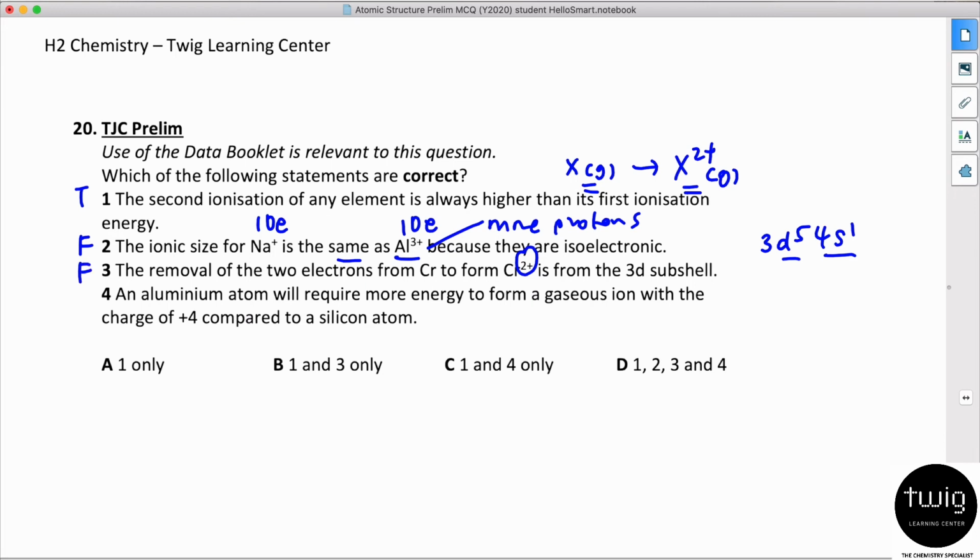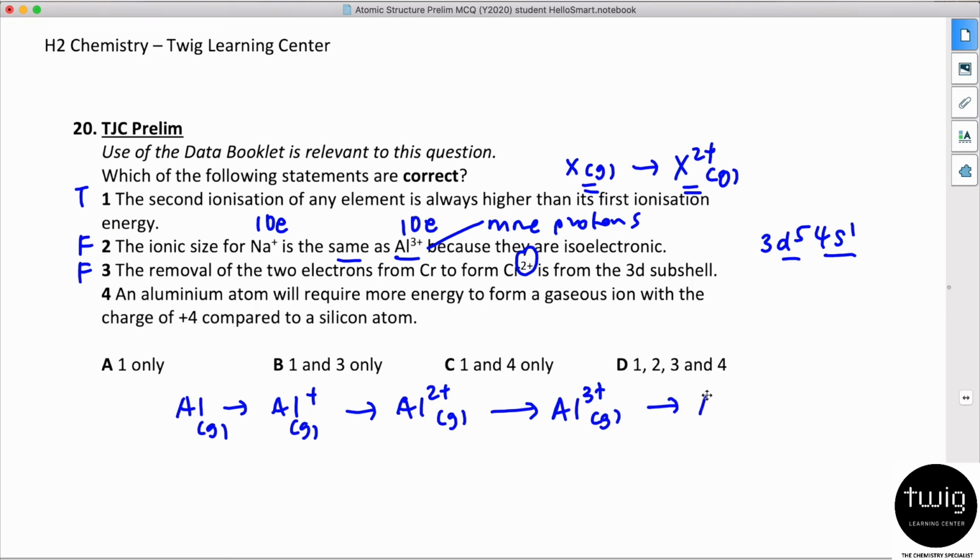Okay, let's look at option number 4. Aluminum will become Al+, then Al2+, then Al3+, and then Al4+.